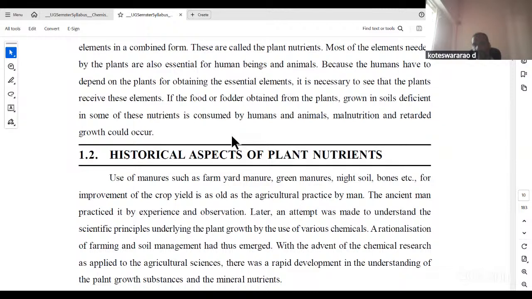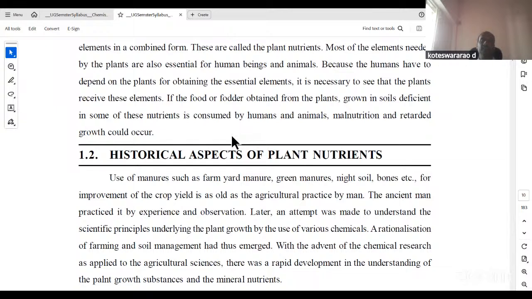After observations and some experimentation, humans could identify some specific scientific principles underlying the growth of the plant by the use of various chemicals. A rationalization of farming and soil management is important; it should mandatorily emerge for farm cultivation.